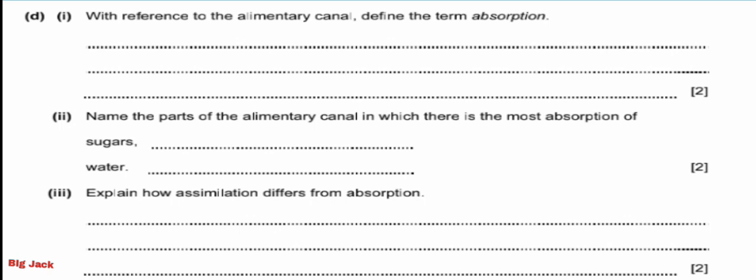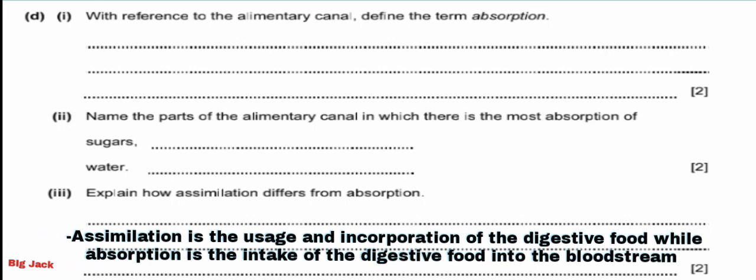Assimilation is the usage and incorporation of the digested food into the body, while absorption is the intake of digested food into the bloodstream. That's the difference.